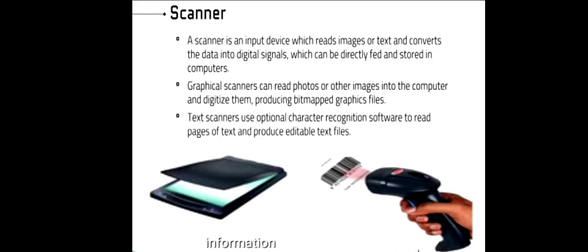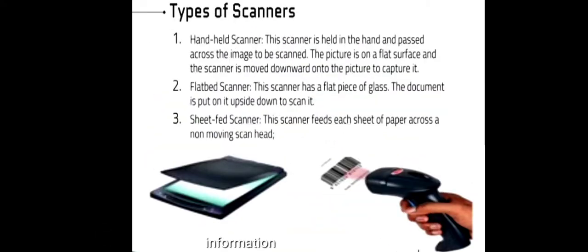Then we have the scanner. Scanner is also an input device which reads images like text and graphics. We have three types of scanners. Number 1 is handheld. As the name shows, it comes in our hand. It has a flat surface and the scanner is moved downward onto the picture to capture it.